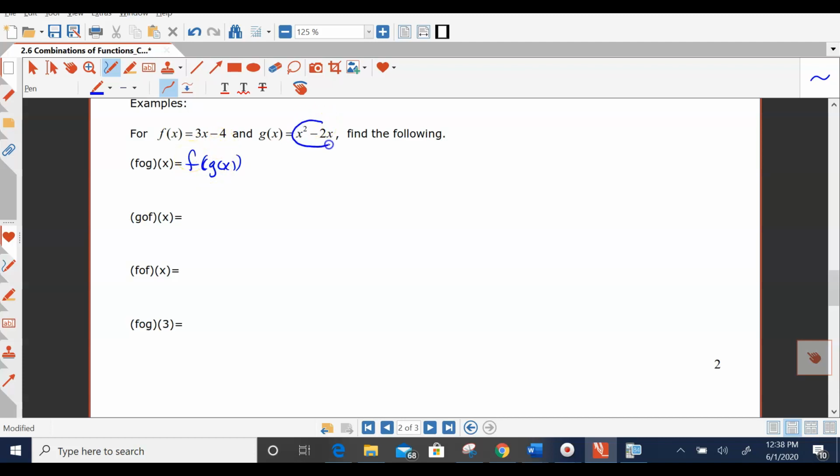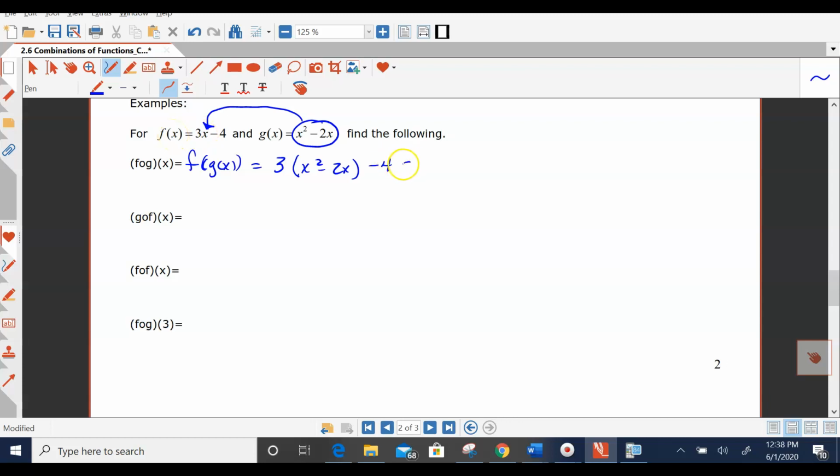I'm just going to pick this g of x function up and put it inside the f everywhere I have an x. What that's going to look like is 3 times x squared minus 2x, minus the 4. So all I did was put x squared minus 2x in place for x in the f of x function.